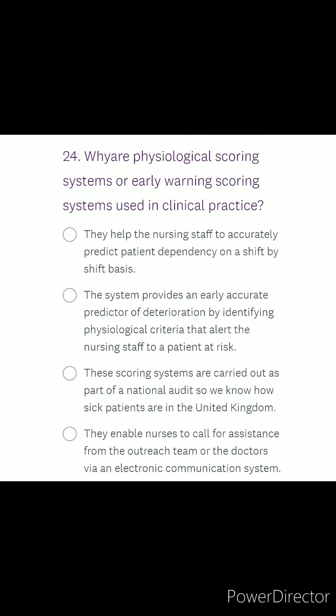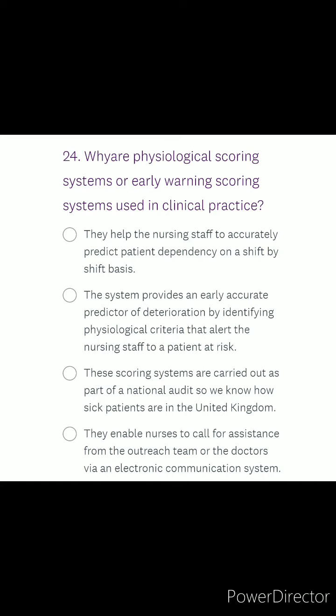So guys, let's move on to the 24th question. Why are physiological scoring systems or early warning scoring systems used in clinical practice? Option A. They help the nursing staff to accurately predict patient dependency on a shift-by-shift basis. Option B. The system provides an early accurate predictor of deterioration by identifying physiological criteria that alert the nursing staff to a patient at risk.